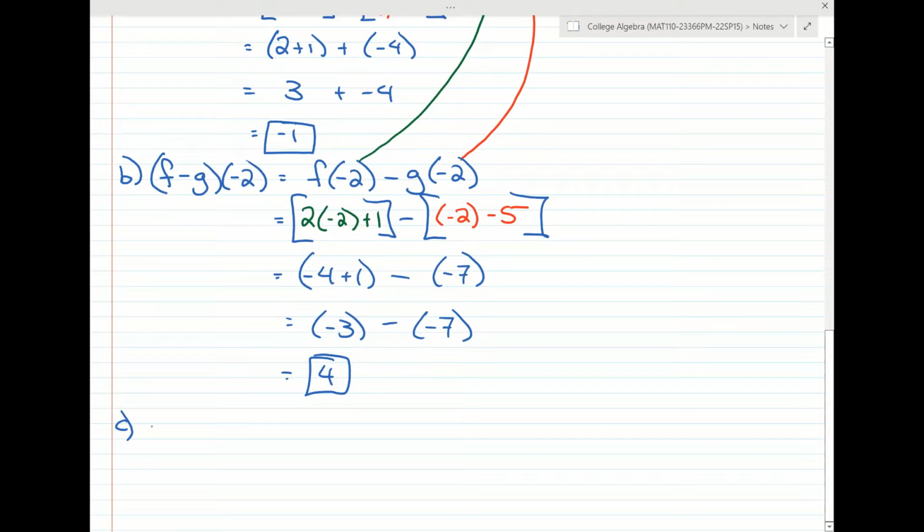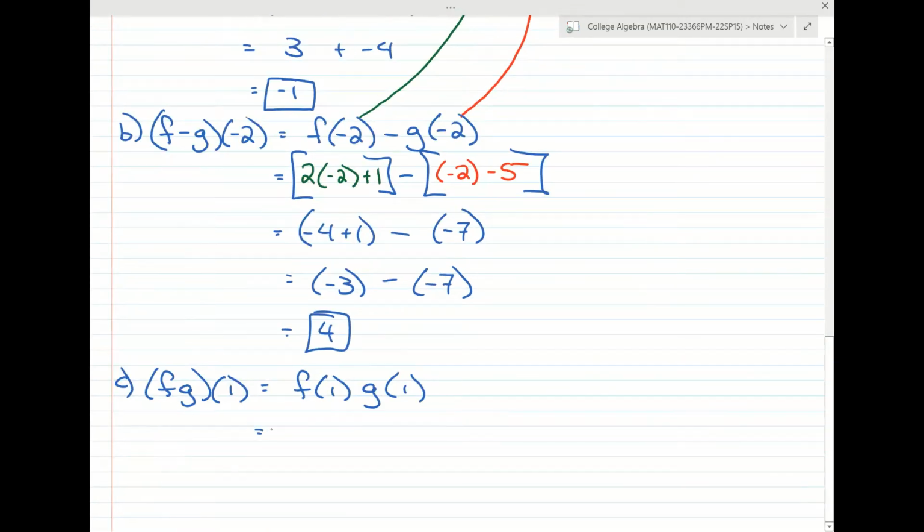What if we had f times g of 1? The notation just means we're doing f of 1 times g of 1. Looking back at our formulas, if we plug 1 in for the x, we're going to get 2 times 1 plus 1.